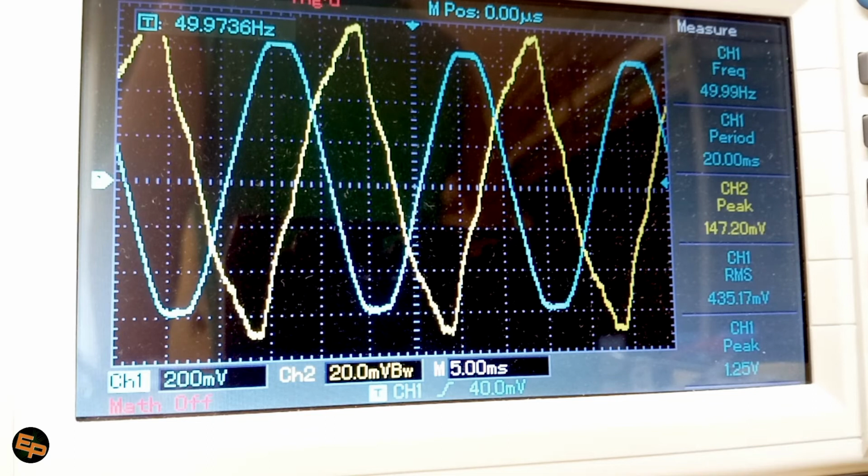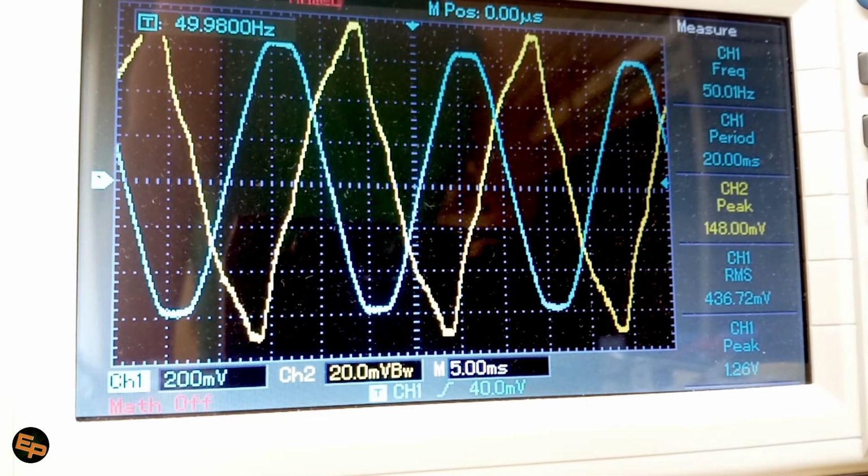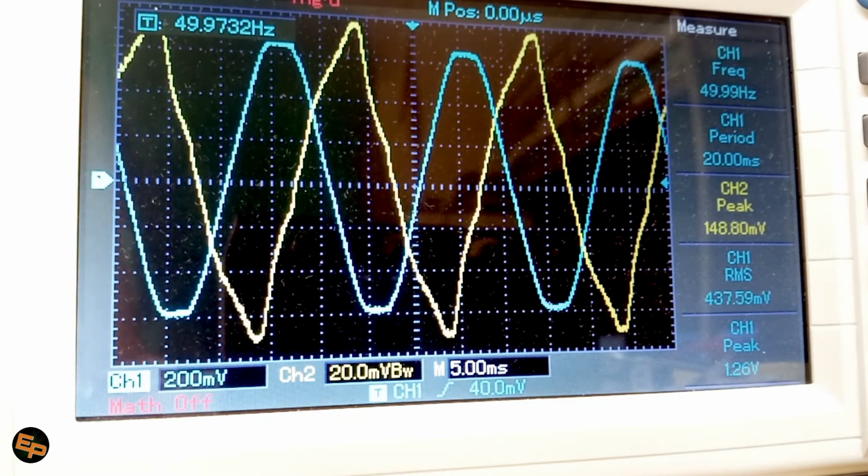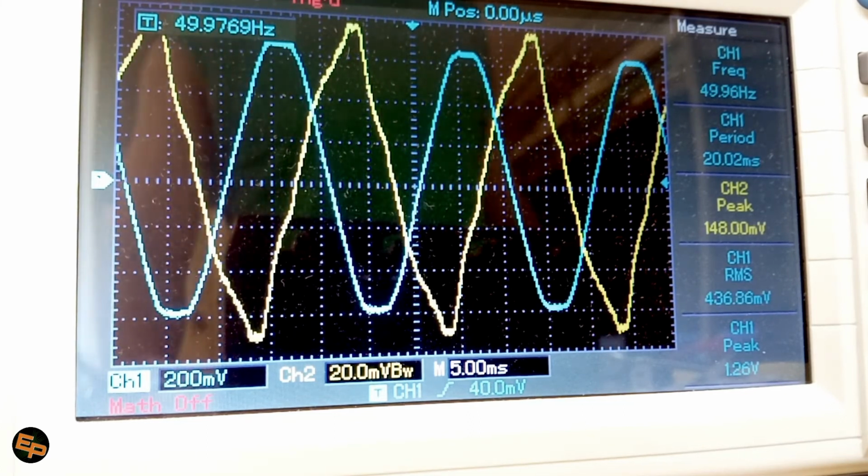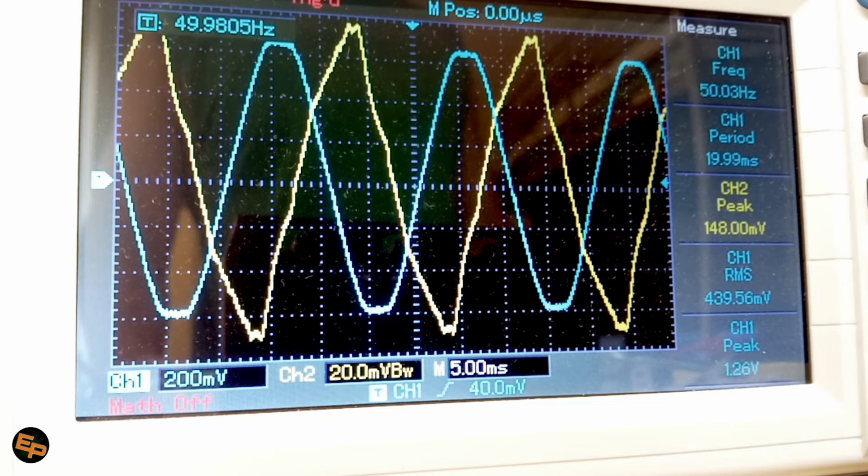So at least at 50 Hertz, this do-it-yourself method would be decent even for having a measurement of the actual waveform and getting to see how the current looks like in your circuit. It's not that bad, it's not that unusable.